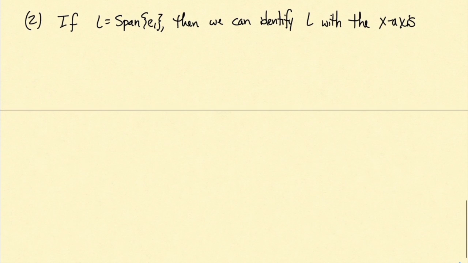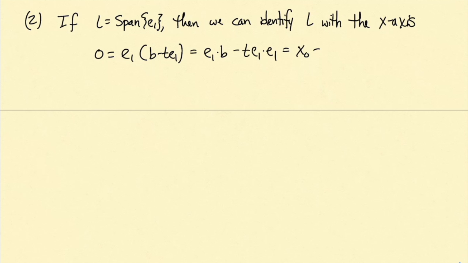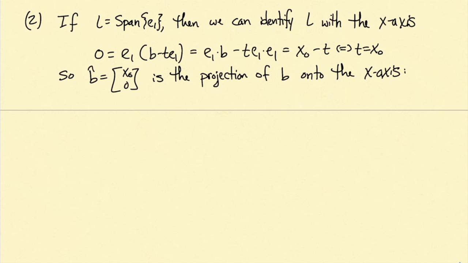If we're given a vector b and we want to find the approximation b hat, then we just need to solve the equation 0 is equal to (b minus t times e1) dotted with the vector e1. So the solution is t must equal x naught.